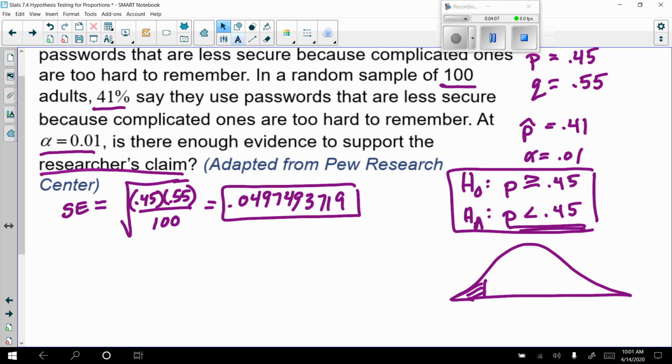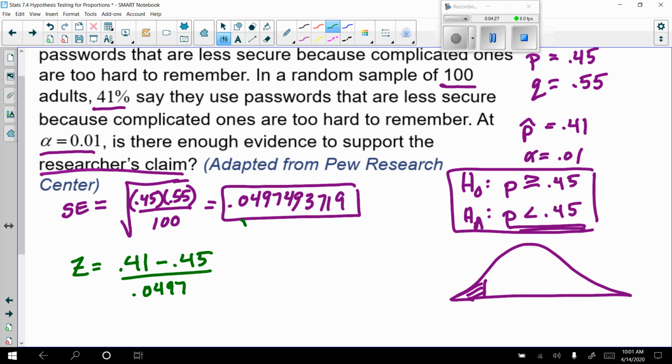From that, we can find our z-score, which is going to be our sample p, which is 0.41, minus our population proportion, 0.45, divided by 0.0497, which gives us a z-score of negative 0.80403.